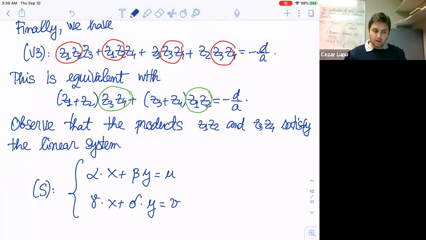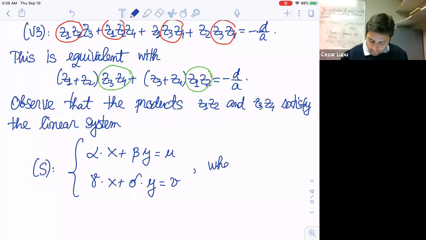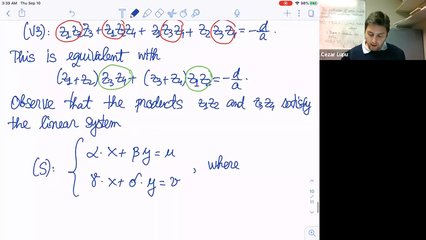And now let's see, who are these guys? Let's identify where alpha equals beta equals 1.